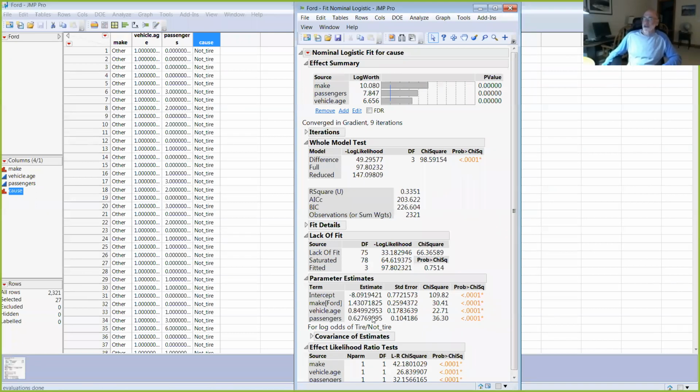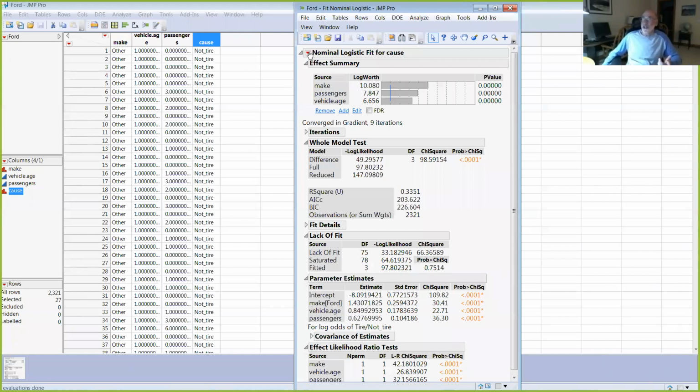The older the car is, the more likely it's to be tire related, and the more passengers in the car, the more likely to be tire related. So even though Ford and the tire company could appeal to the fact that it might have to do with the age of the cars and how many passengers were in it, both of those are true, but in fact, it's also true that even taking those into account, the Fords were far more likely to be tire related.